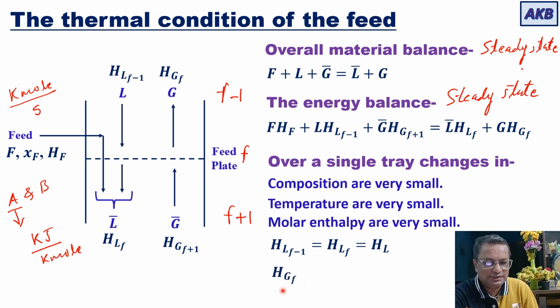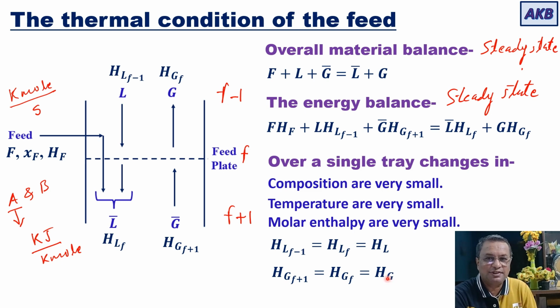Same is the case with the vapor phase. The molar enthalpy of vapor coming from the F plus 1th plate is equal to the molar enthalpy of vapor coming from the F plate. And in general, I am denoting that as Hg, that is, the molar enthalpy of the vapor associated with a single tray.